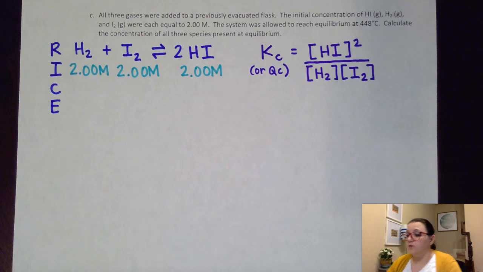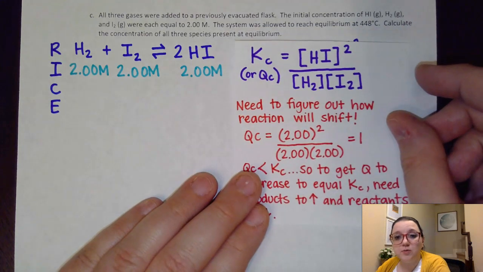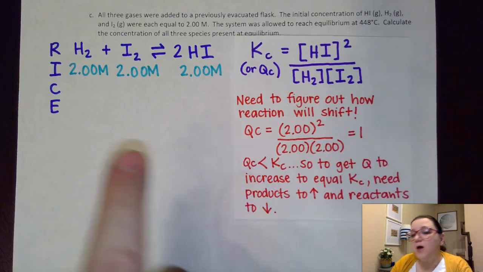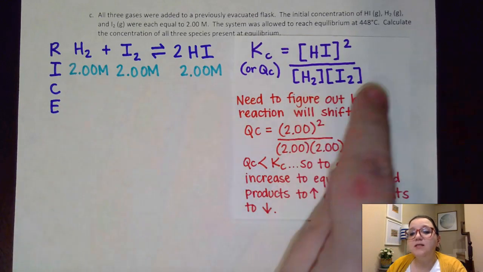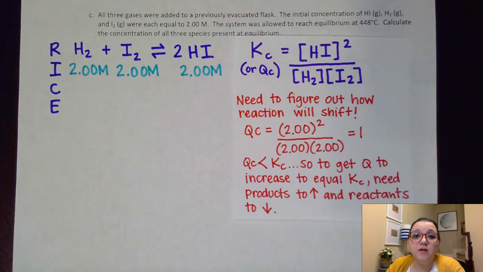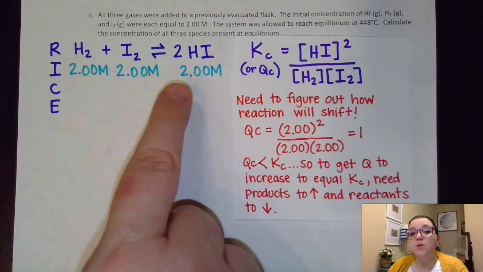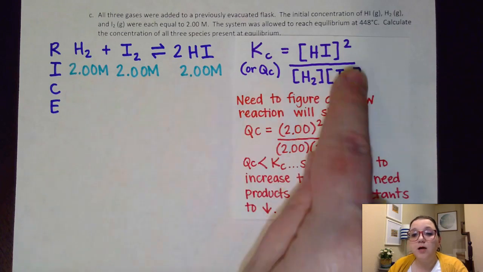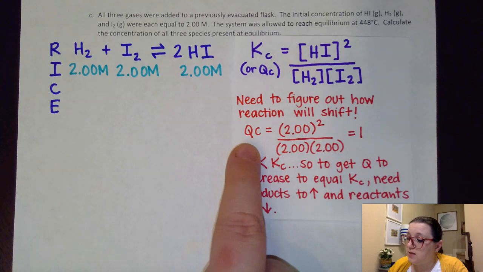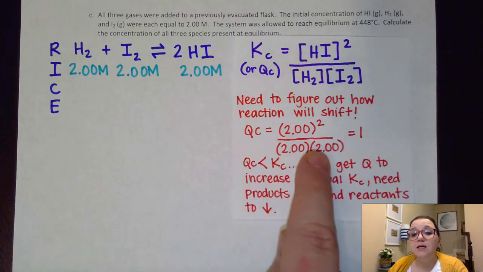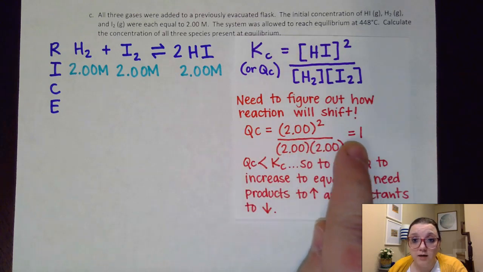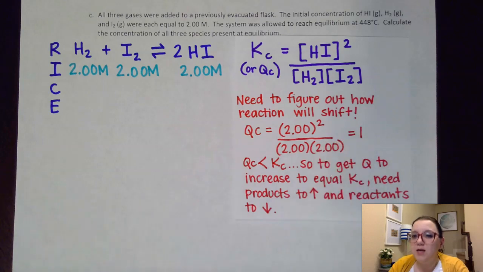So I'm first going to plug in the data that we have right now into this equation to see if I can figure out the direction in which we need to shift our substances around. When I take these 2.00 molarity concentrations and plug them in, I get a value of 1. So right now, my ratio is at 1.